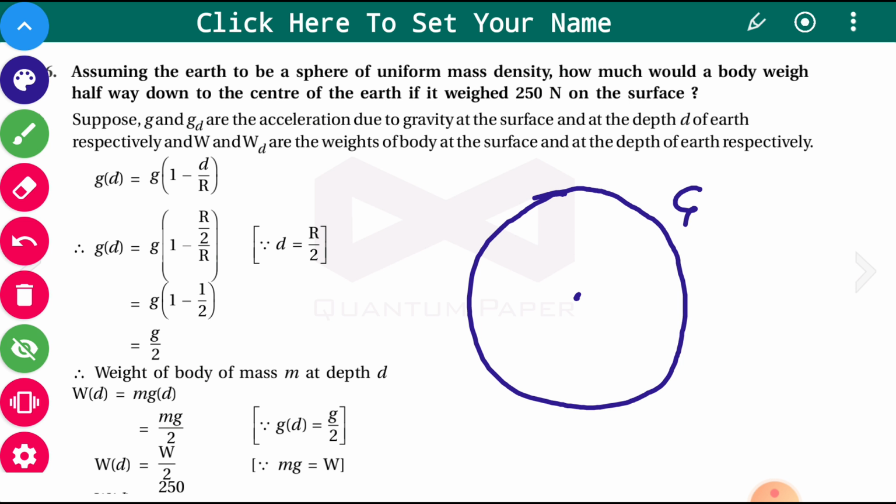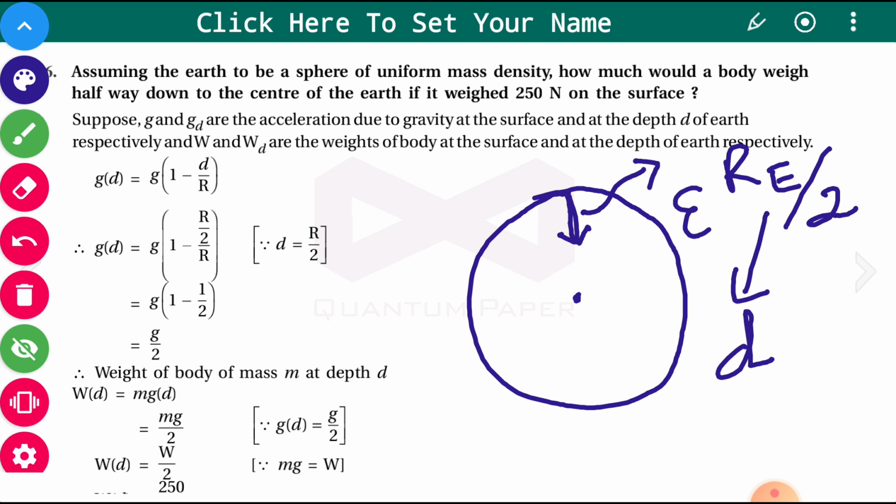This is the earth, this is the center of the earth. You are going halfway down, that is, the depth at which the body is, is Re by 2. So this depth is Re by 2.